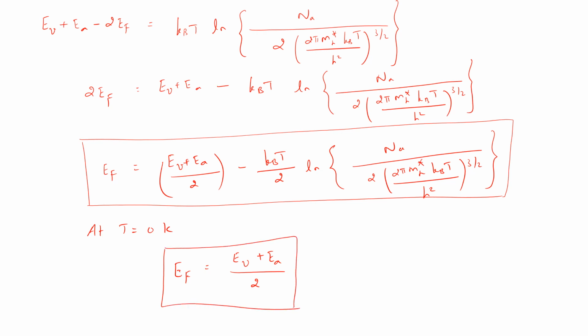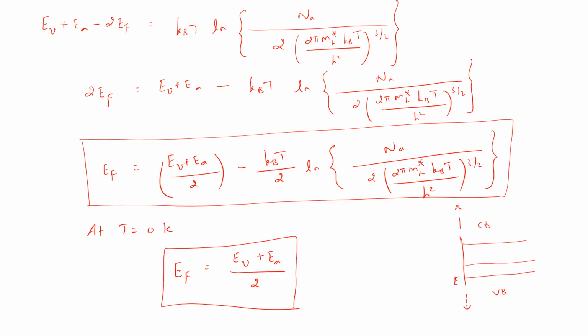So, in the energy band diagram which we have drawn, we have shown the conduction band, we have shown the valence band, and we have shown the acceptor energy level.